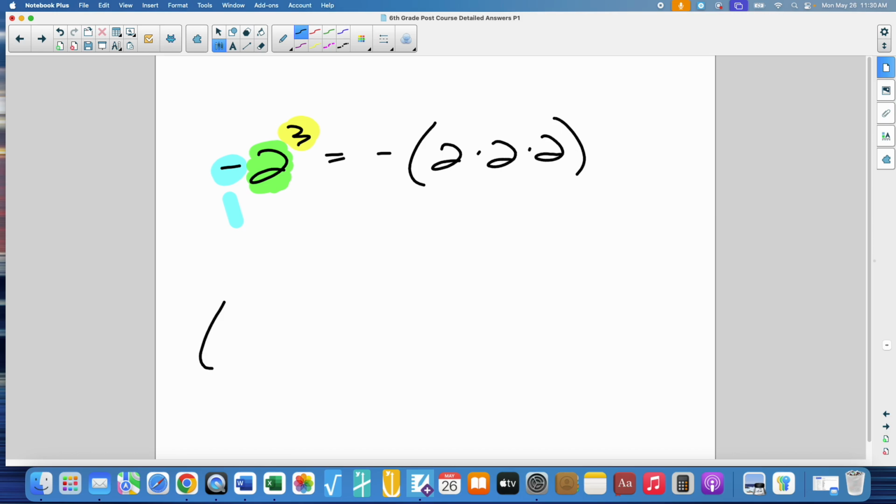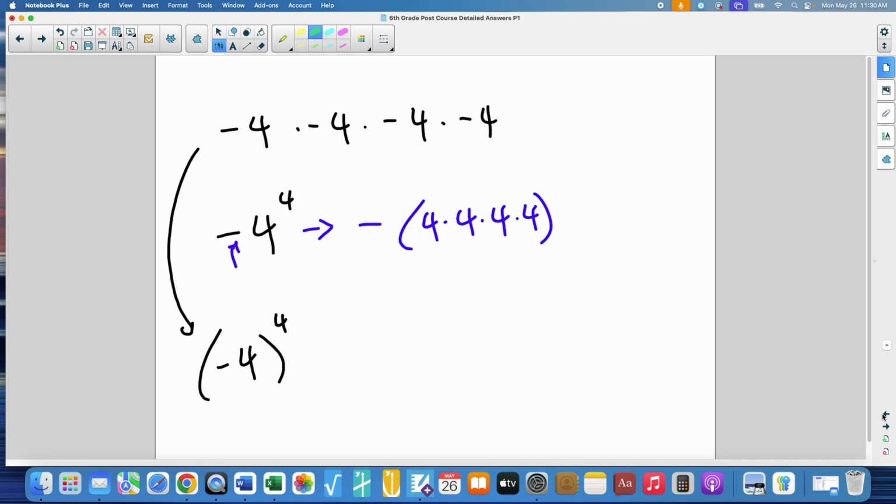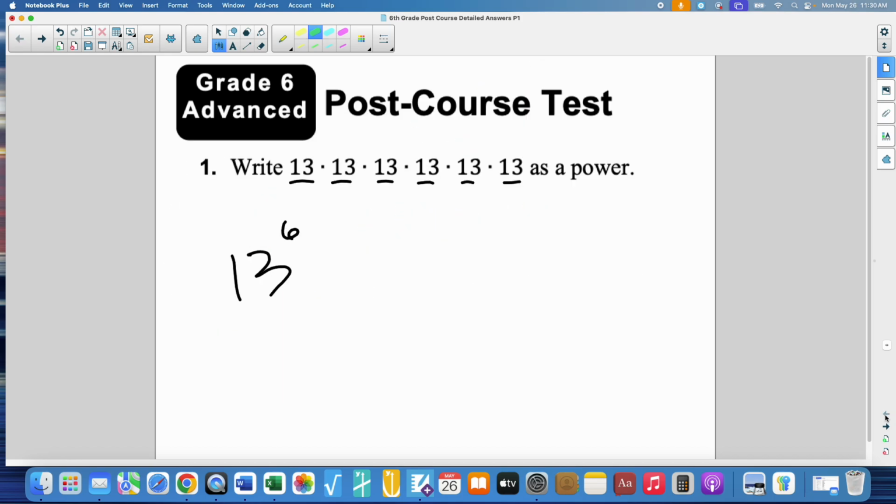And if we see something like (-5) to the 5th, that's going to equal -5 times -5 times -5 times -5 times -5, the 5 being the exponent and the base being -5. So you see 1, 2, 3, 4, 5. That is my base times itself 5 times. So the proper easy question is this.